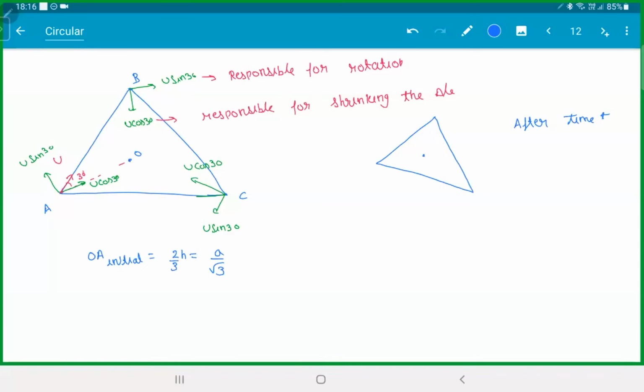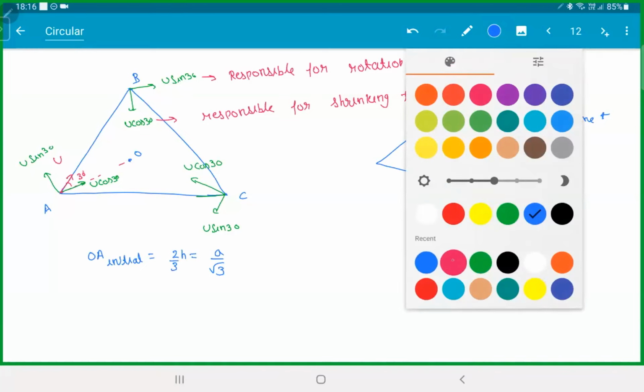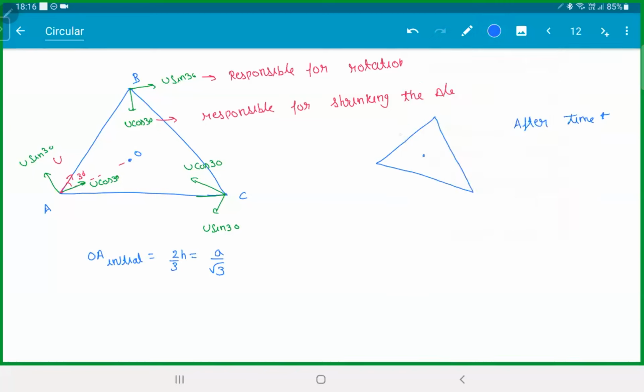Now, after time t, what will this be? After time t, let the side of the triangle be L. And this is your new A, this is B, and this is C. This is O. OA final would be the initial distance a by root 3 minus the velocity u cos 30 into time.